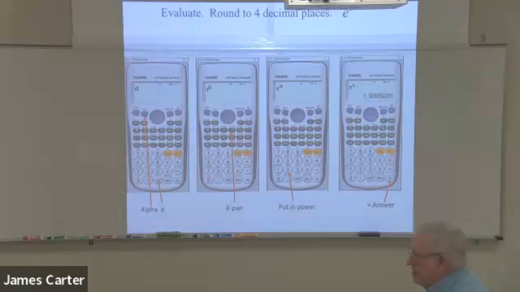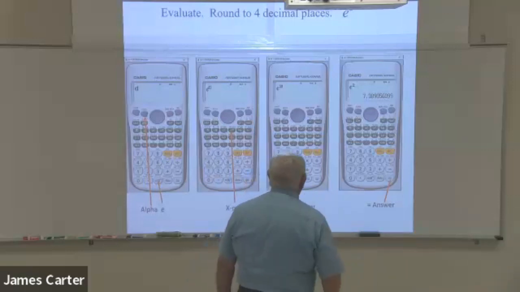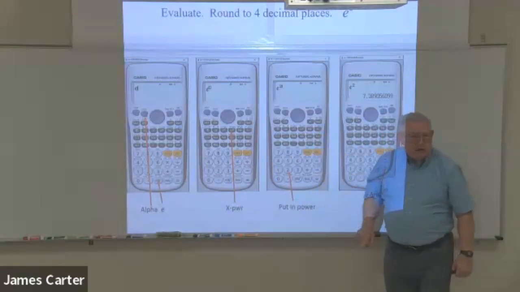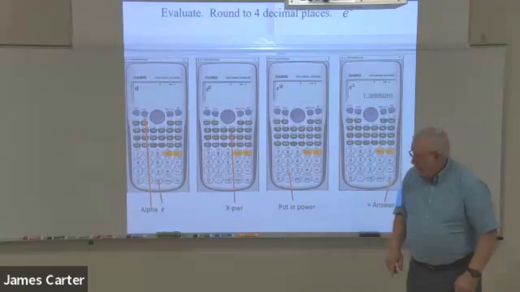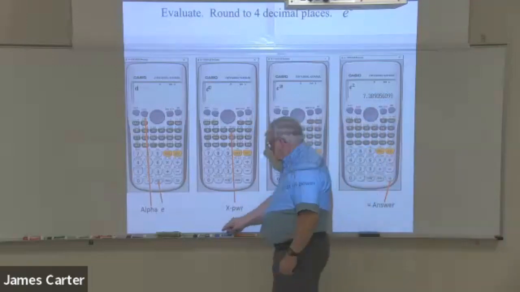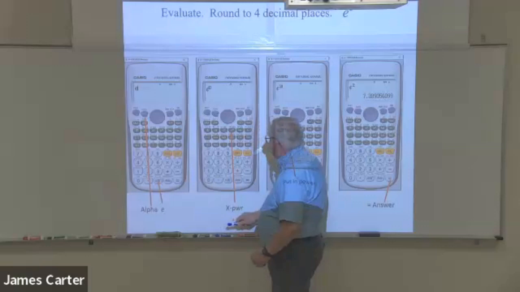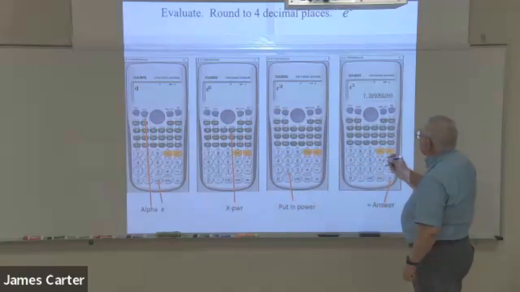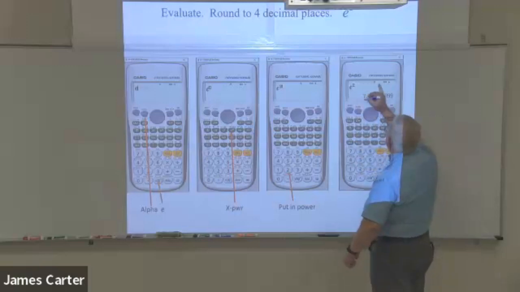There are times when, what her question was, she hit this natural log key. Natural log, I'll explain this very briefly right now, but we'll go into more detail on this later. I'm just going to choose right here as a space to write.